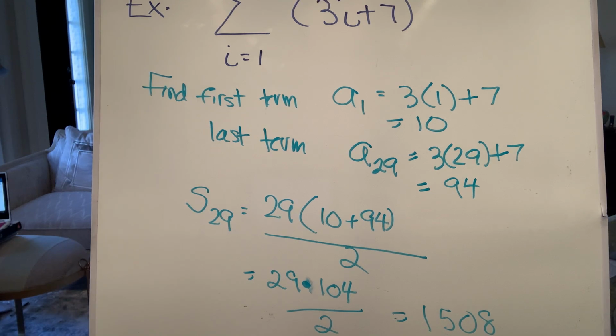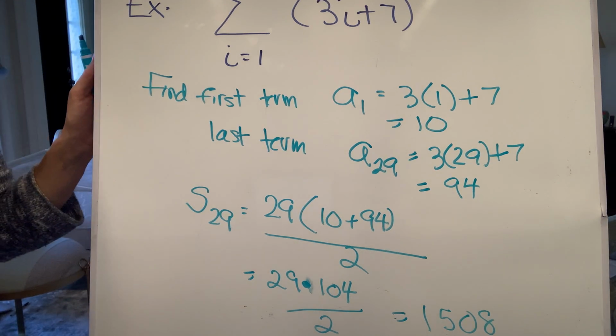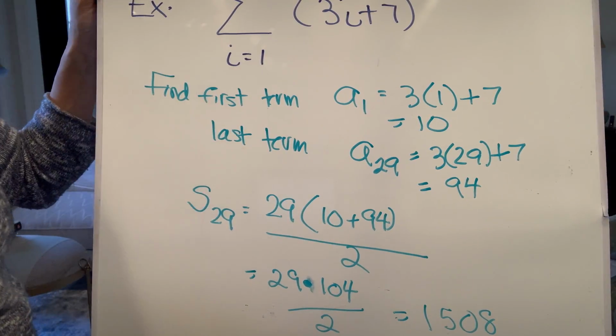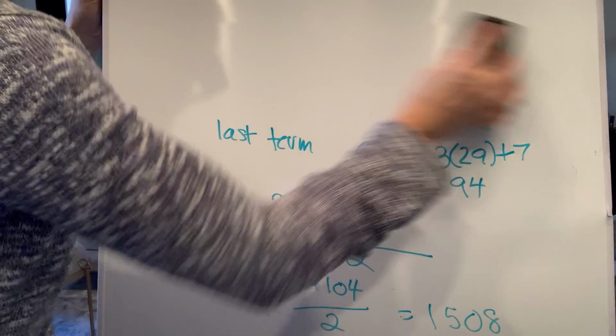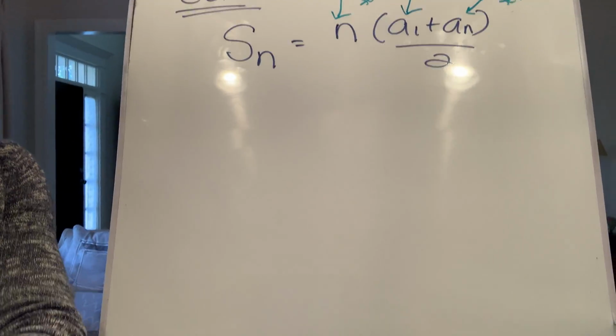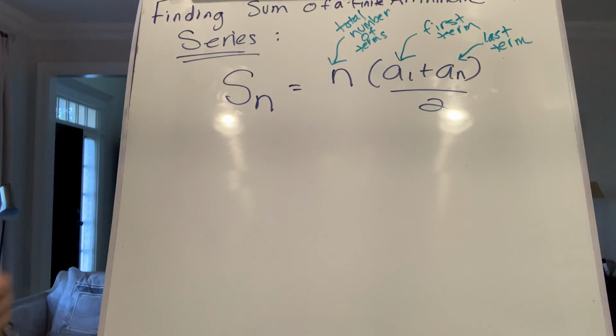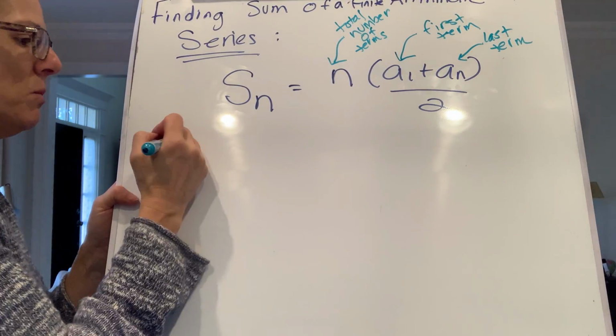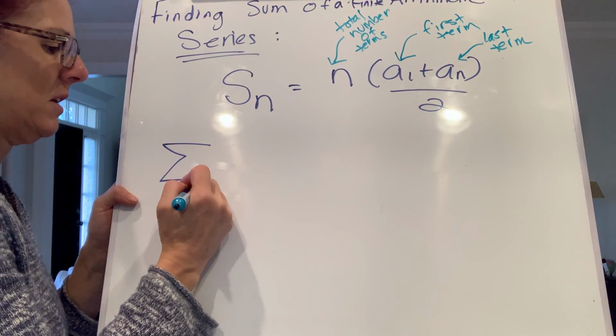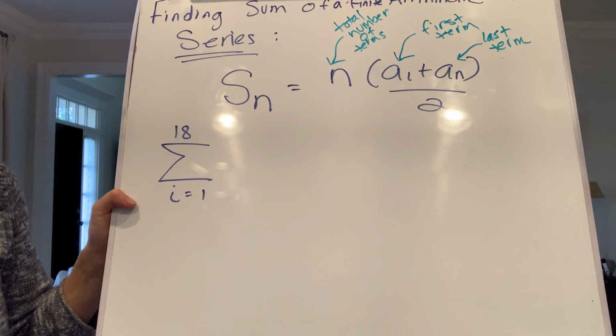All right, I think it's worthwhile to do one more example of these before I let you go. So there's our formula again. And the series we're going to start with is k equals 1 to 18 of 6k minus 2.